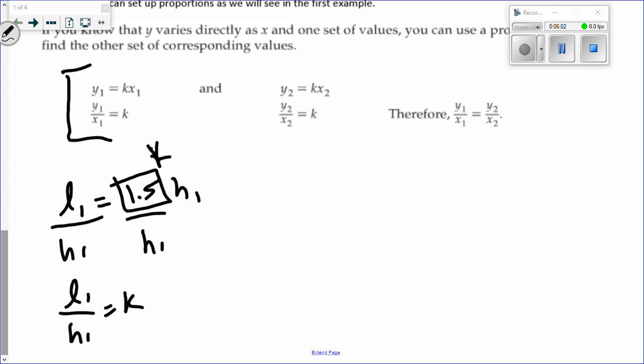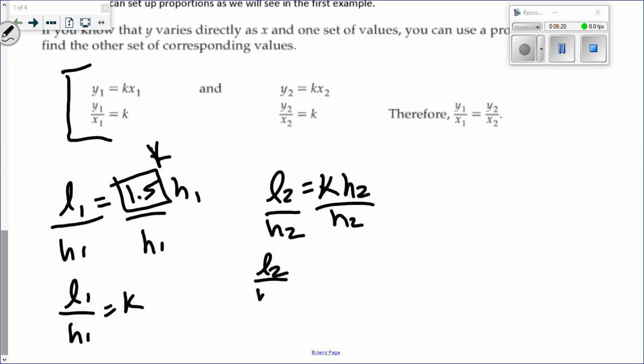You also had that length 2 with our 6 over 4. We had that length 2 times the constant 1.5 was equal to height 2. Divide this by height 2, and you had L2 over H2 equal the constant, 1.5.